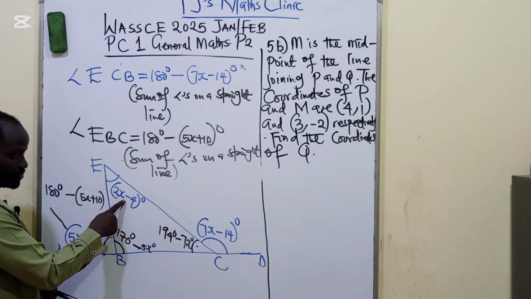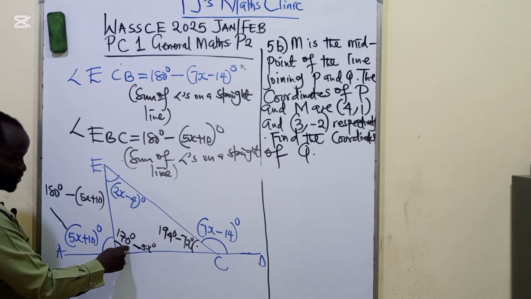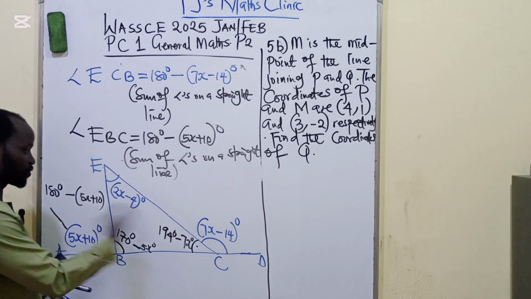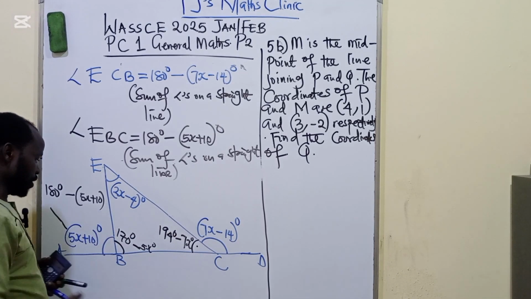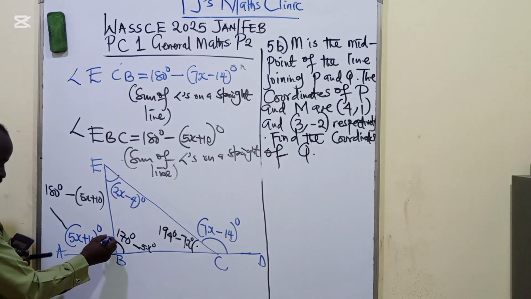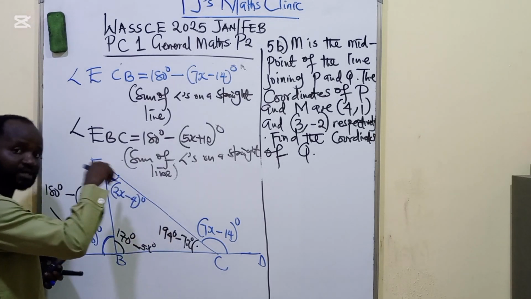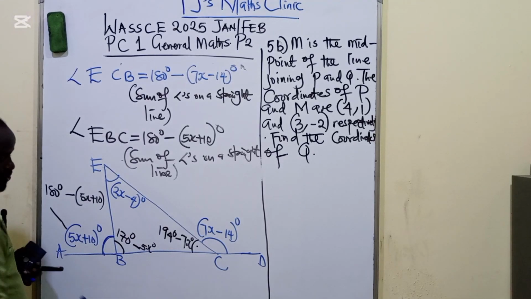We can either sum this angle plus this angle plus this angle equals 180. It will still give us the same value of x. Then we solve for x. Or this exterior angle is equal to the sum of the opposite interior angles.